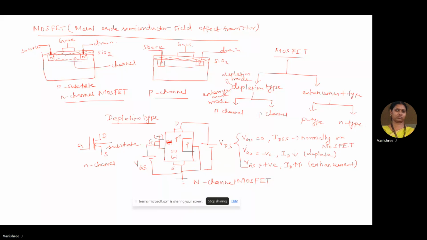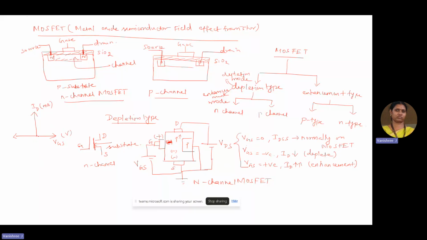So now let us see the transfer characteristics. The transfer characteristics is drawn between the gate source voltage and the drain current. The drain current is taken along the y-axis and it is measured in milliamps, and the gate source voltage is taken along the x-axis.